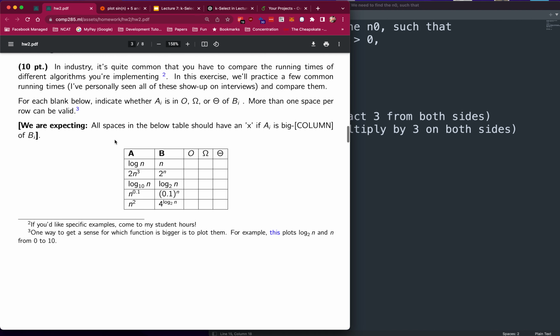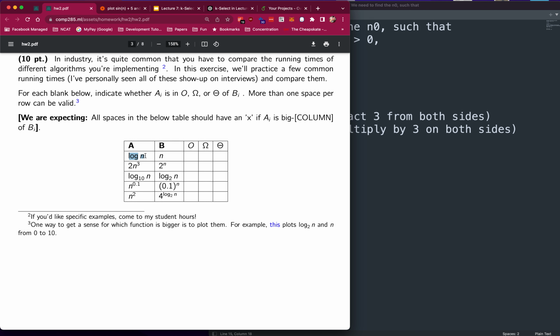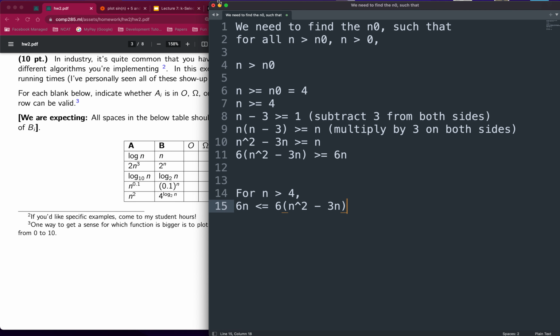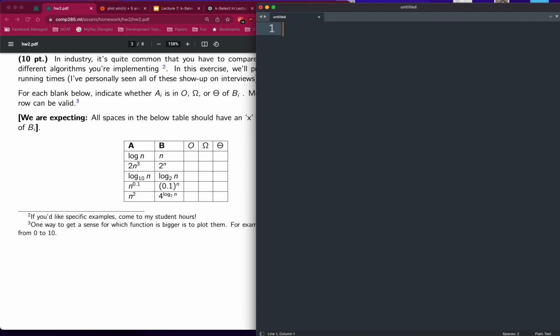Continuing on, this is more practice with big O. We are essentially asking you to compare, to figure out which statement is true and to mark them accordingly in the box. So for example, the first row is asking 3 questions. Is log n big O of n?